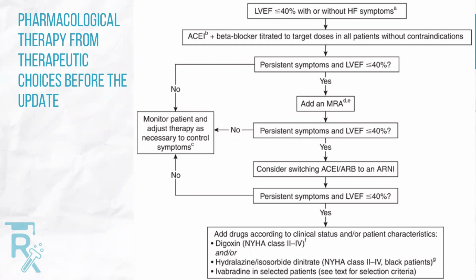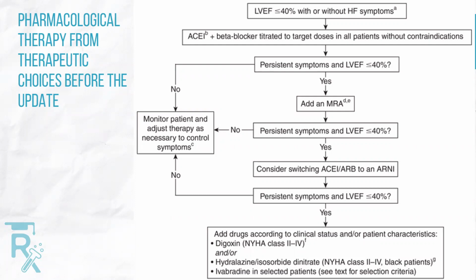Okay, so we will add the diuretic, the MRA, to decrease the fluid retention. At that point, if the symptoms are still there, I need to realize that what I'm giving is not enough. I need to change.